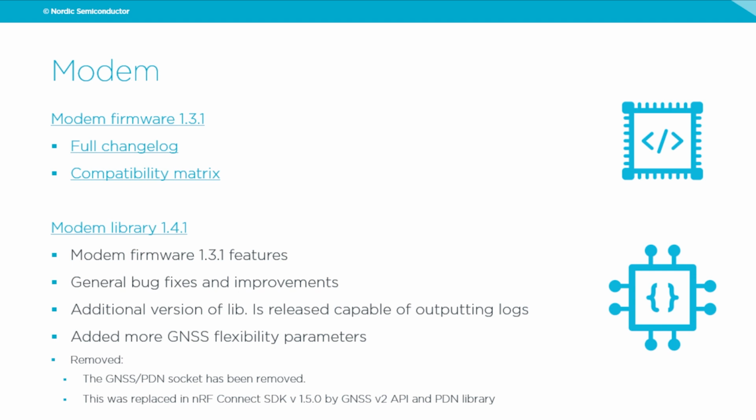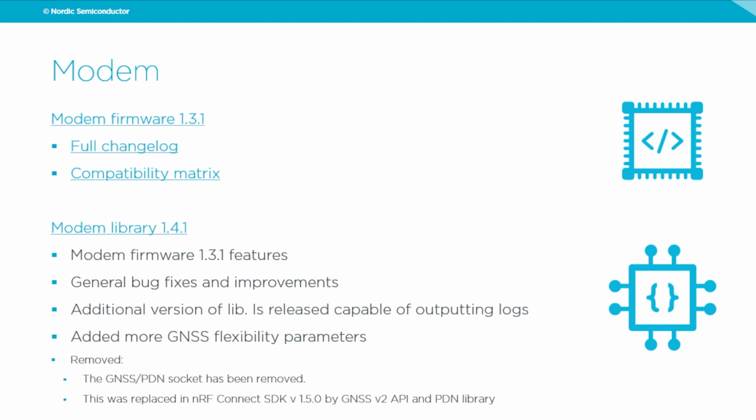So first off, we have the modem library, which is now version 1.4.1. It enables more of the features included in the modem firmware 1.3.1. We have general bug fixes and improvements. We also added a separate version of the library capable of outputting logs. This is beneficial when you have to debug your device, for example.